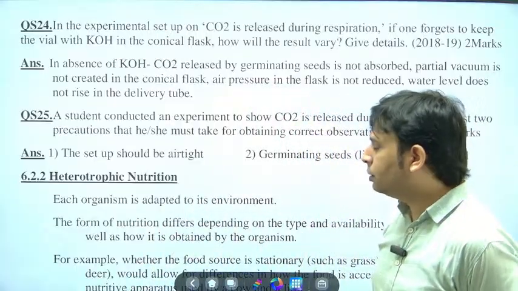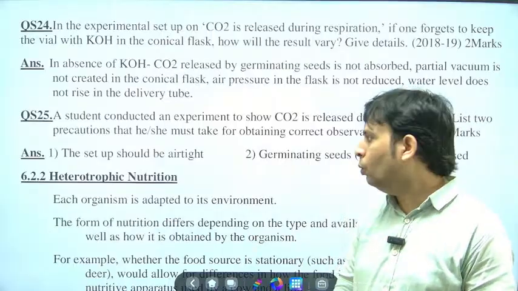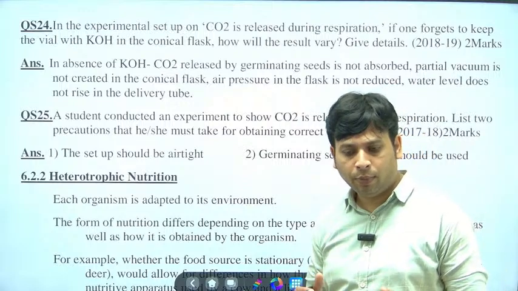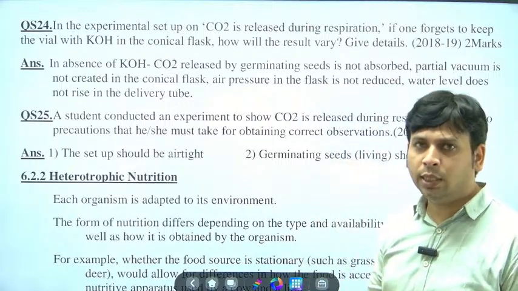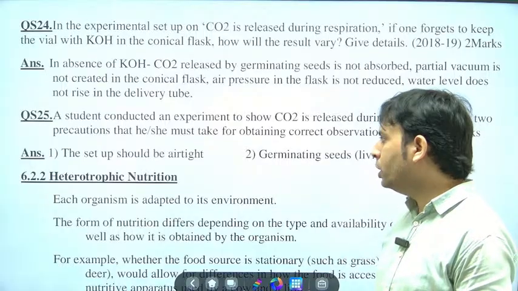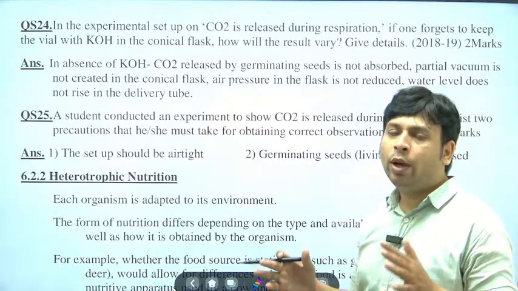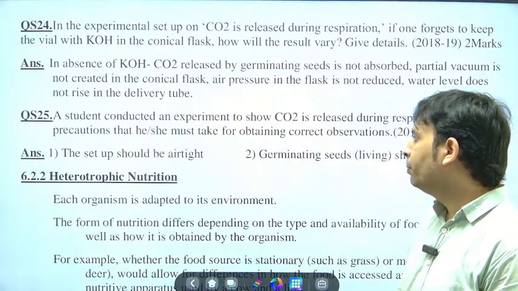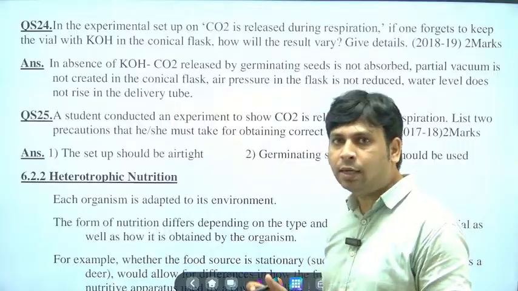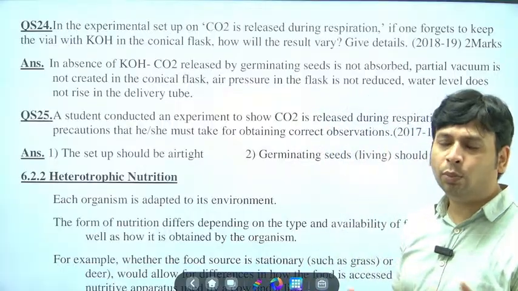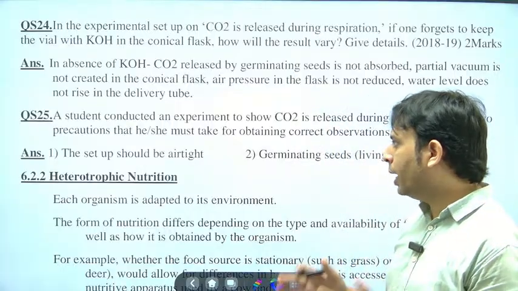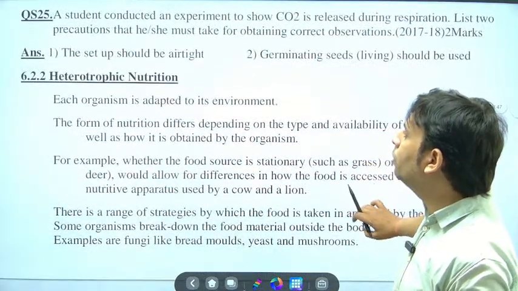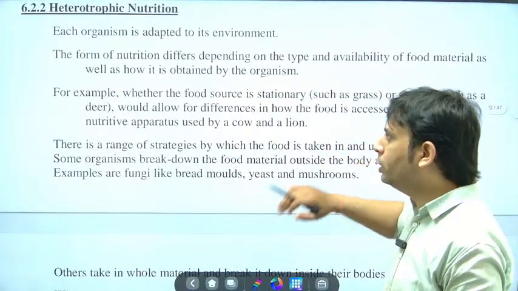So guys, this is all for today's video. You are watching the first process, that is nutrition, and you have watched the autotrophic nutrition in this, which happens in plants, and also in some bacteria, but we are discussing it in plants. In the next class we will discuss heterotrophic nutrition.